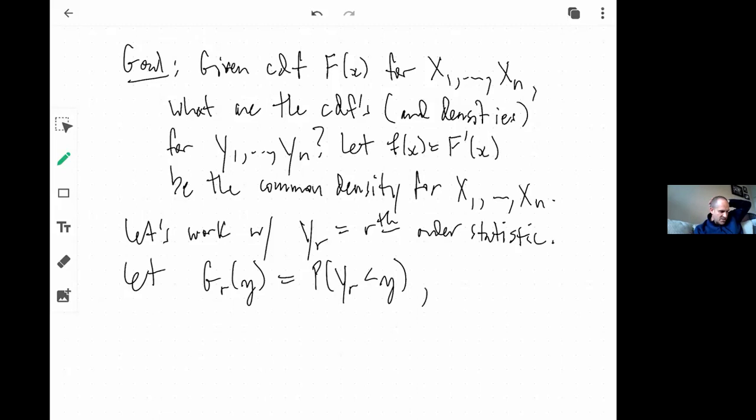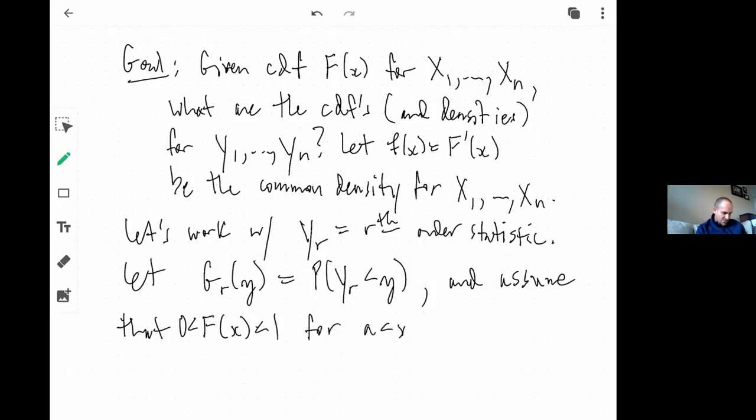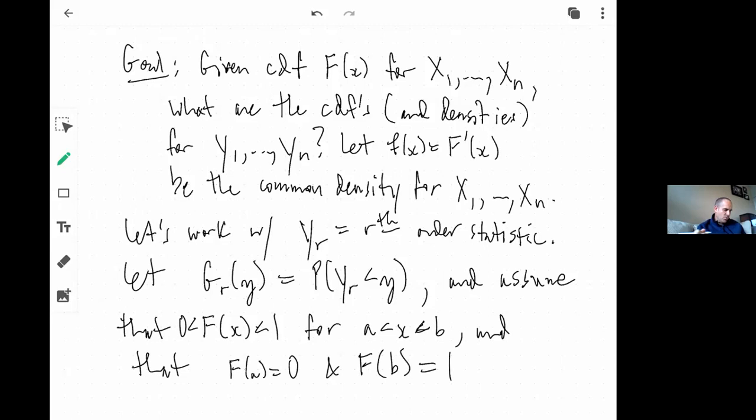So this is the CDF for the rth order statistic. And assume that capital F of x is between 0 and 1 for a less than x less than b, and that F of a equals 0 and F of b is equal to 1.